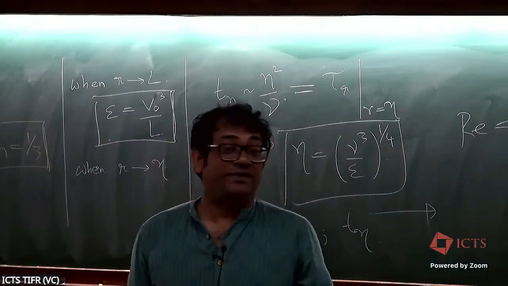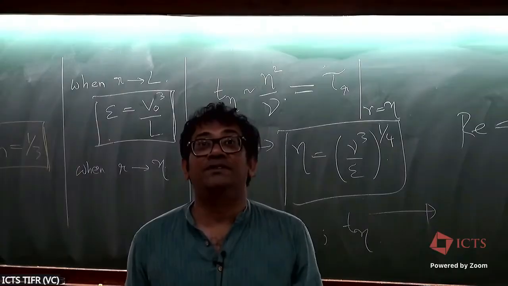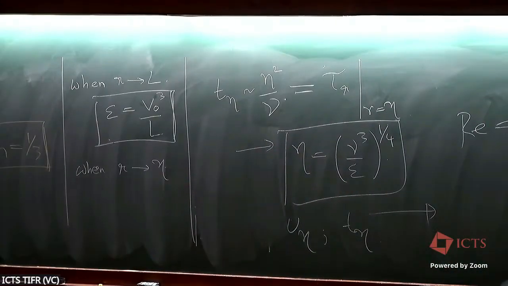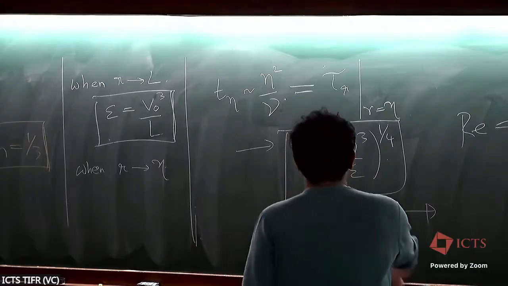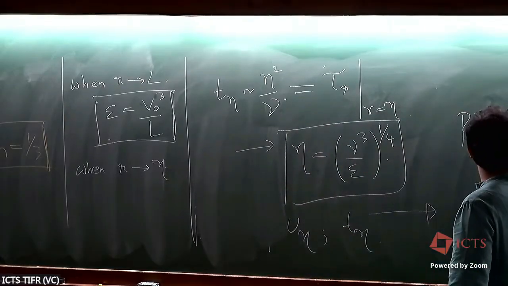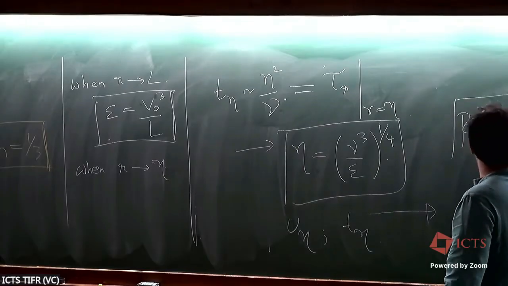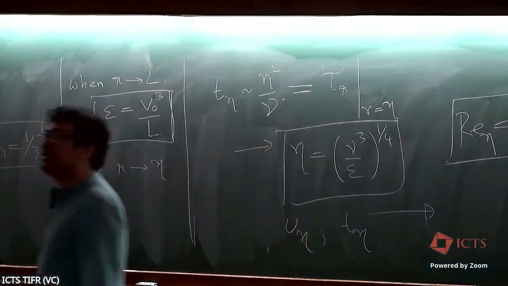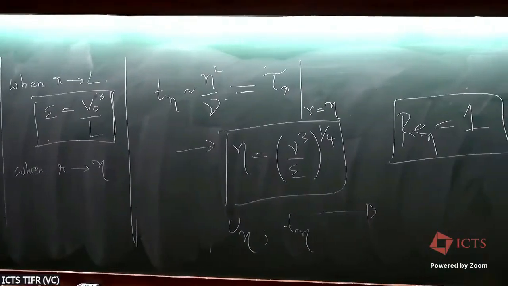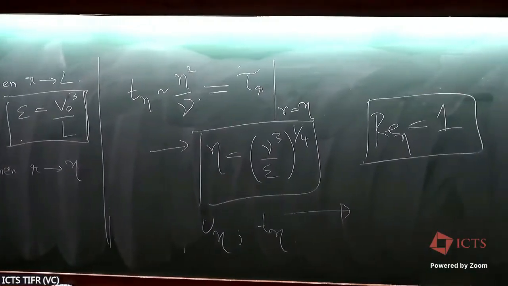And we had discussed yesterday that Reynolds number is dependent on scale. It depends on which length you're choosing, which velocity scale you're choosing. If you put in this, you will see that the Reynolds number at scale eta is 1, and it goes further down.